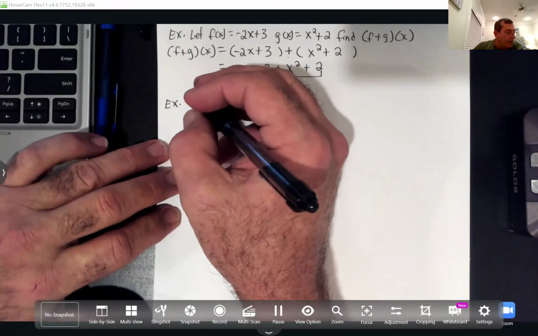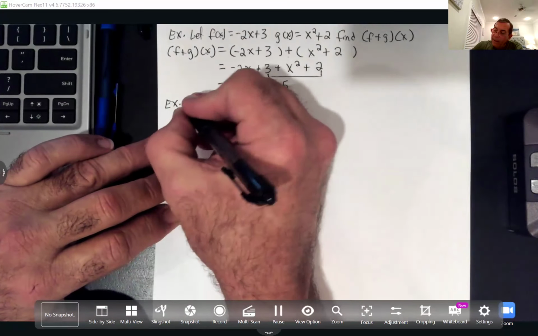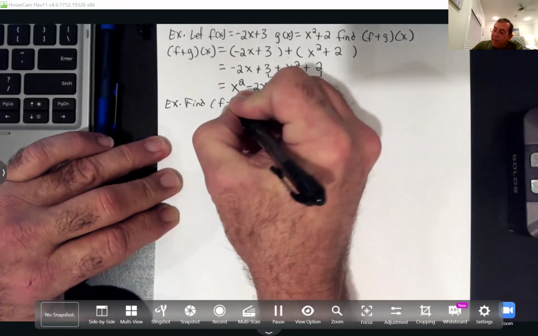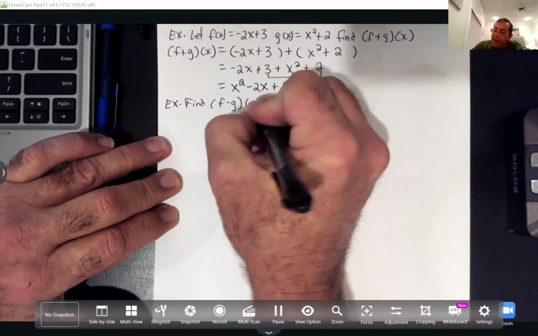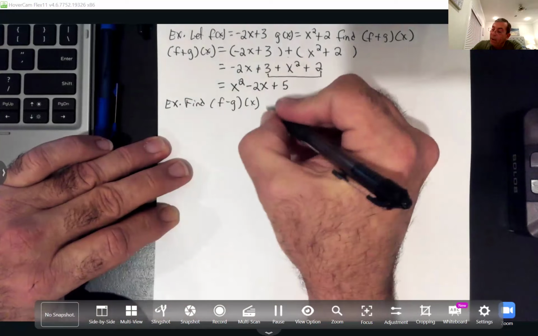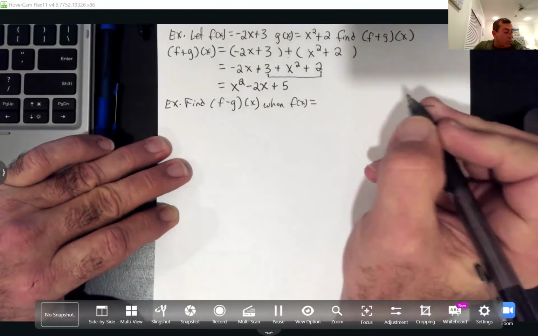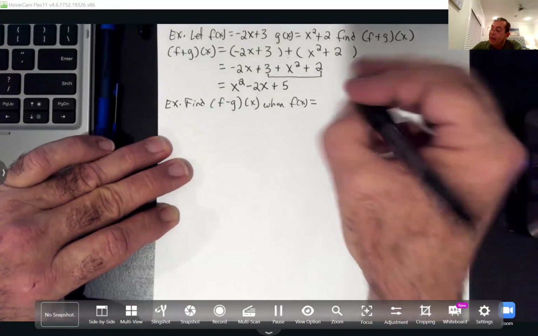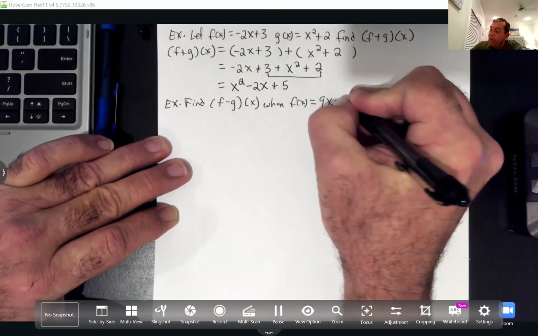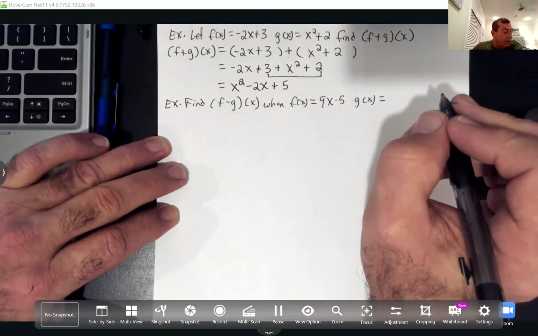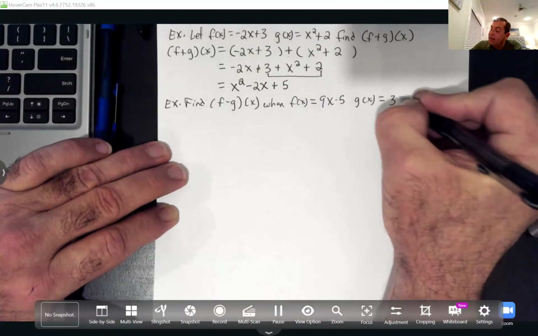All right, y'all. They want me to find f minus g of x when f of x equals 9x minus 5 and g of x equals 3x minus 8.